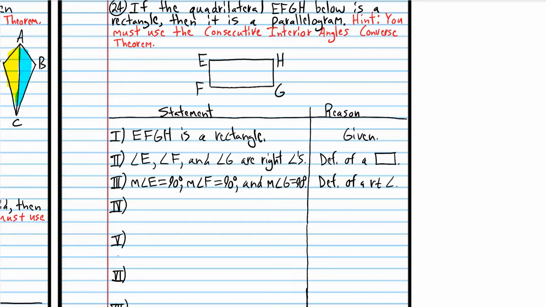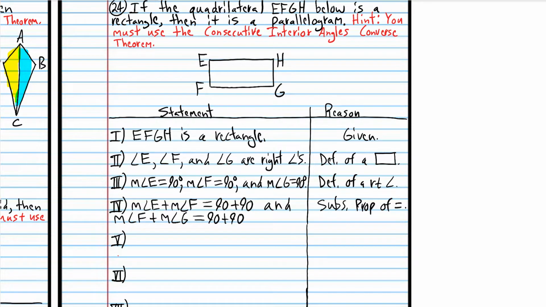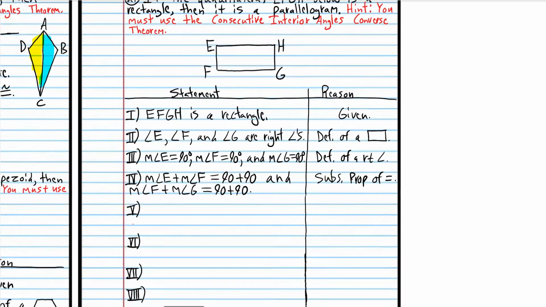Okay, so now the measure of angle E plus the measure of angle F must be equal to 90 plus 90. So all I did was substitute in the 90s for the measures of E and F. But it's also true that the measure of angle F plus the measure of angle G, you can do this in a separate step, and I'm just going to put it into one step. Using substitution, we can plug in those 90s.